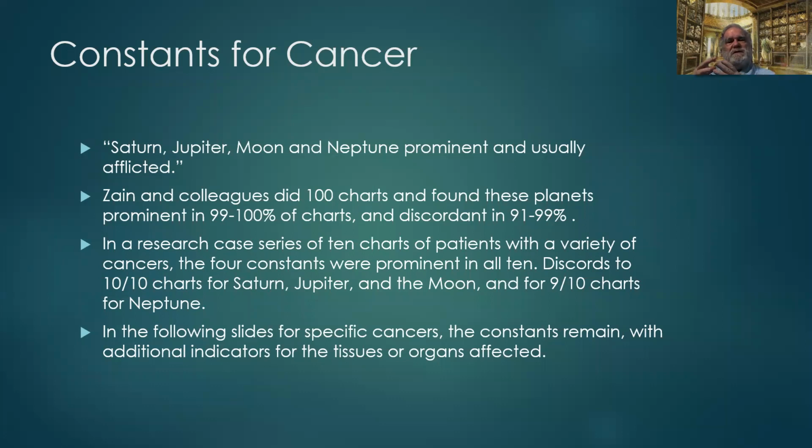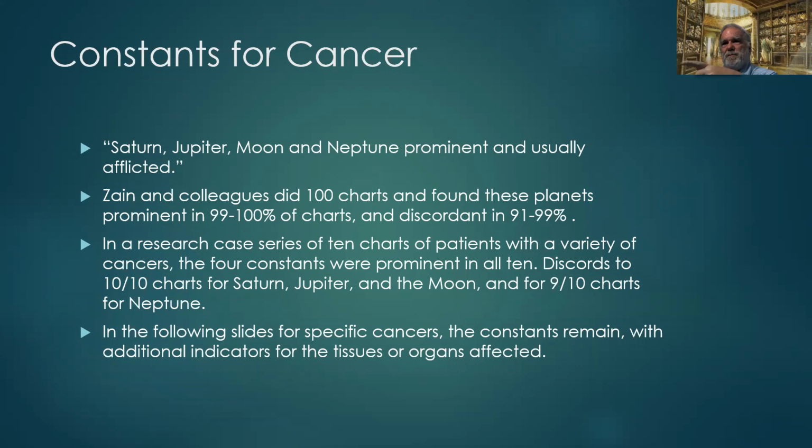But they'll have a discord in Scorpio or Mars or Pluto, and maybe that person will get prostate cancer, right? Or uterine cancer, right? Another person might have the discord in Cancer or to the Moon, a big discord there.